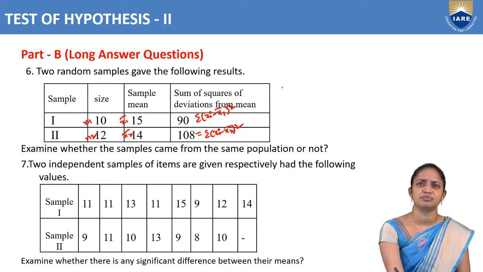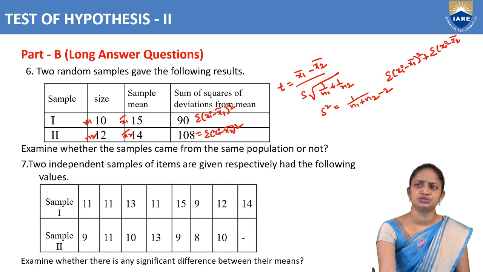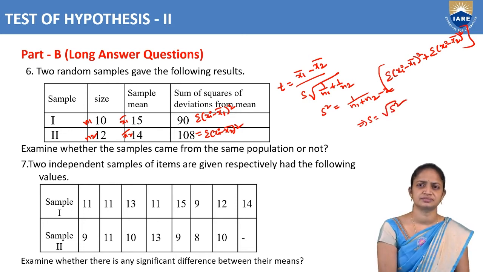Here also you have to follow the fifth problem's procedure. The formula is x1 bar minus x2 bar divided by s into under root of 1 by n1 plus 1 by n2, where s square equal to 1 by n1 plus n2 minus 2 into summation xi minus x1 bar whole square plus summation xi minus x2 bar whole square. From that we can calculate s, which is the square root of the variance.